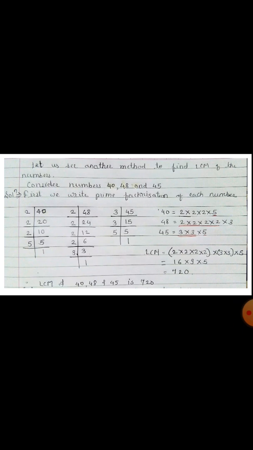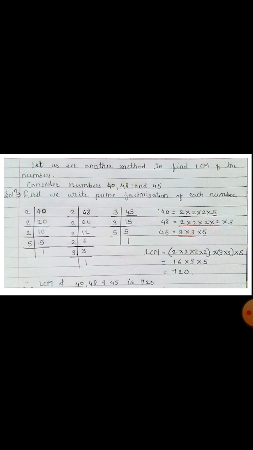Again 20 is divisible by 2 and the quotient is 10. 10 is also divisible by 2 and the quotient is 5. 5 is divisible by 5. So the prime factors of 40 are 2 multiplied by 2 multiplied by 2 multiplied by 5. Similarly, the prime factors of 48 are 2 multiplied by 2 multiplied by 2 multiplied by 2 multiplied by 3, and the prime factors of 45 are 3 multiplied by 3 multiplied by 5.